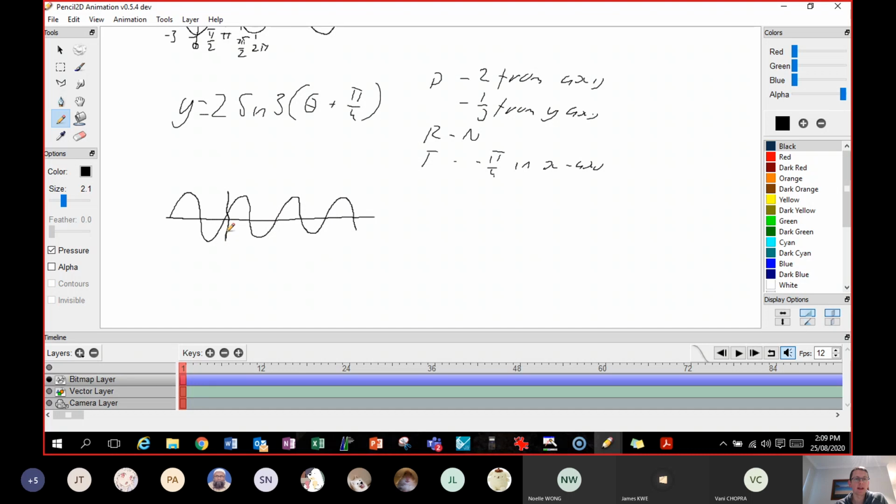Now, obviously, I haven't taken the domain into consideration, but that will be implied a bit later. So I know it's going to be 2 here. Now, it normally occurs at, this would be pi. This would normally be 2 pi. This would normally be 3 pi on 2. And this would normally be pi on 2.